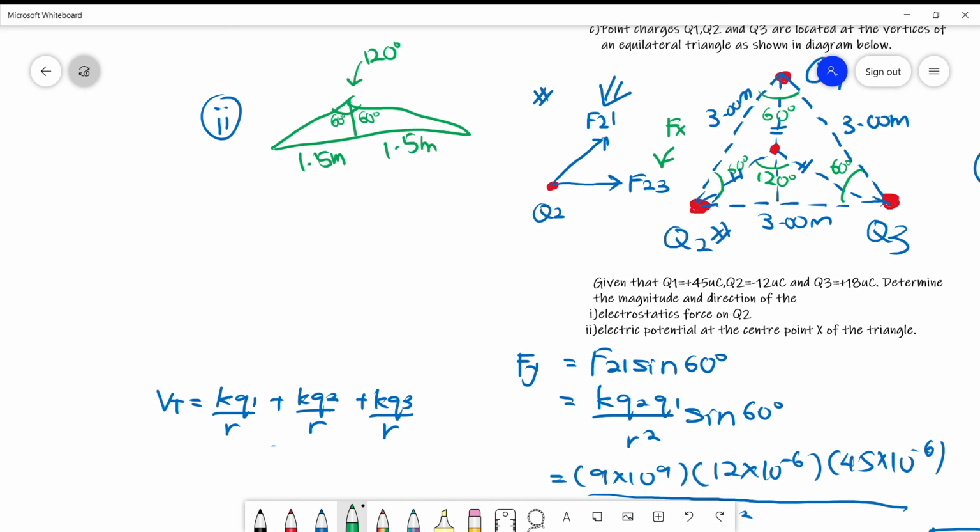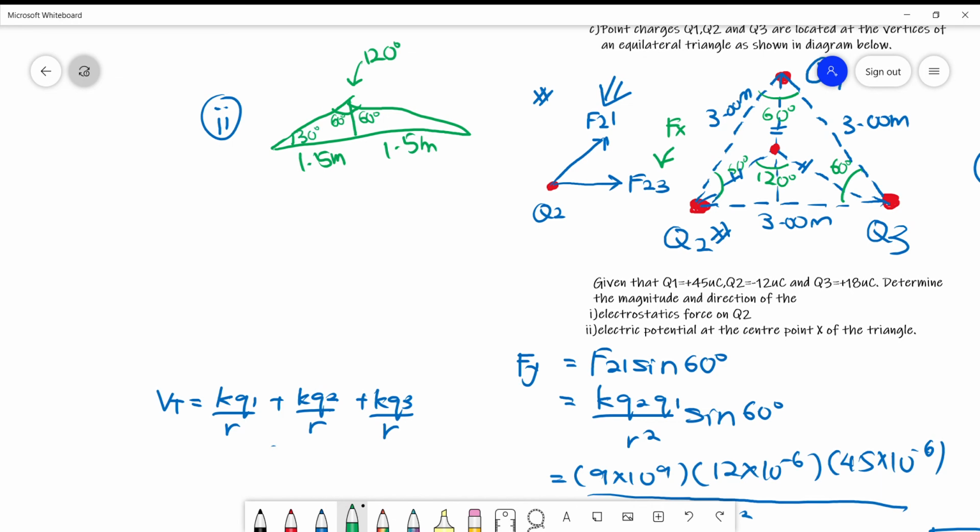From this diagram, this angle is actually 60 degrees. If we divide it into half, what we get for this one is 30.